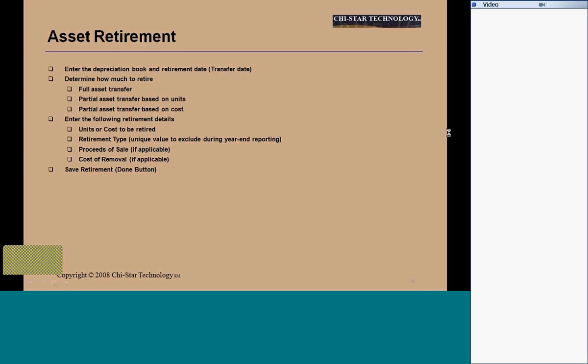I need to determine if it's a full asset transfer, so I would retire the full asset, or if it's a partial asset transfer, where upon the retirement, I would have to retire a partial of the asset based either off of the number of units or off of the cost of the asset.